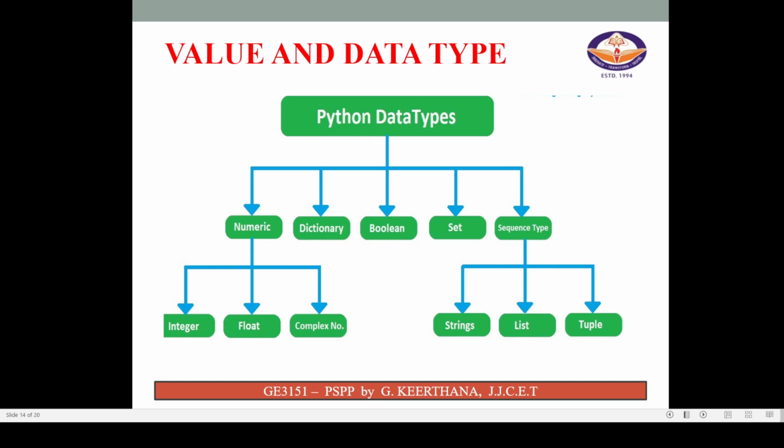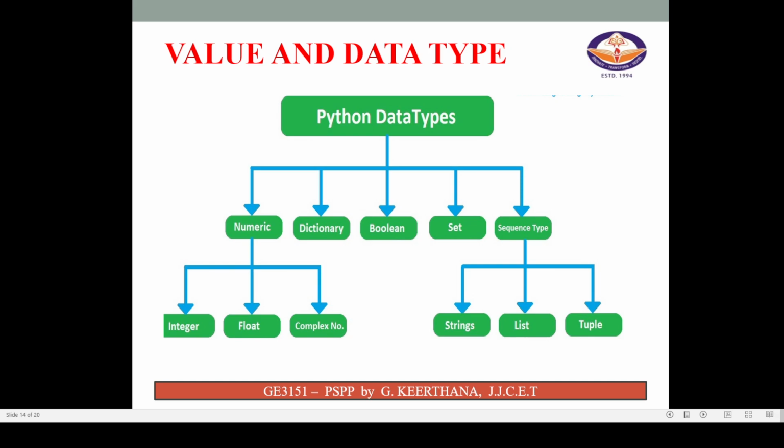Dictionary. Dictionary is used to hold an unordered collection of key-value pairs where each key is unique and mapped to a specific value. Example: {name: John}. Here name is a key, John is a value. Set.